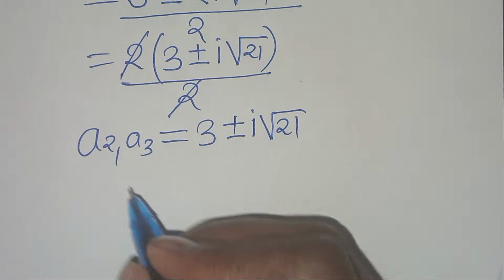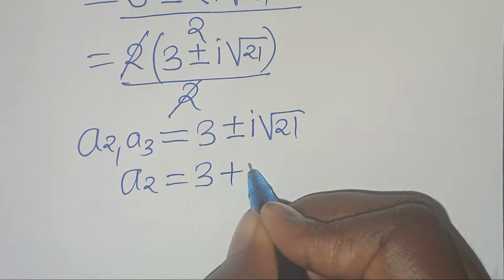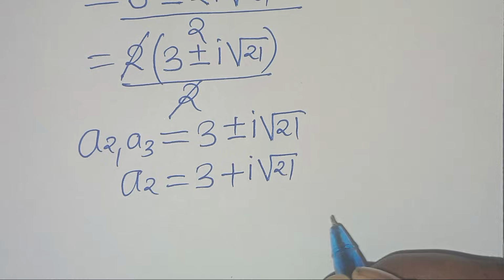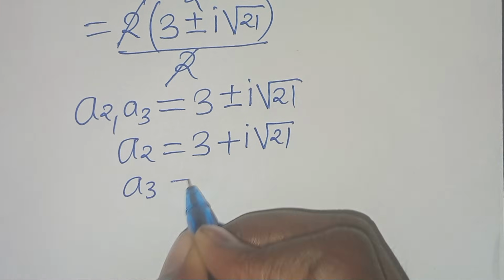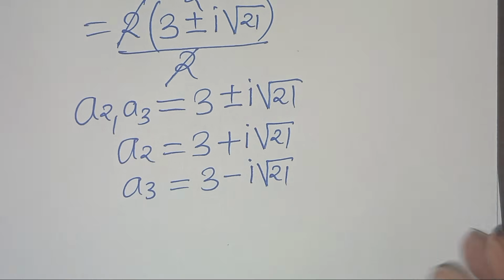So this means that here we have a2 equal to 3 plus i square root of 21, and we have a3 equal to 3 minus i square root of 21.